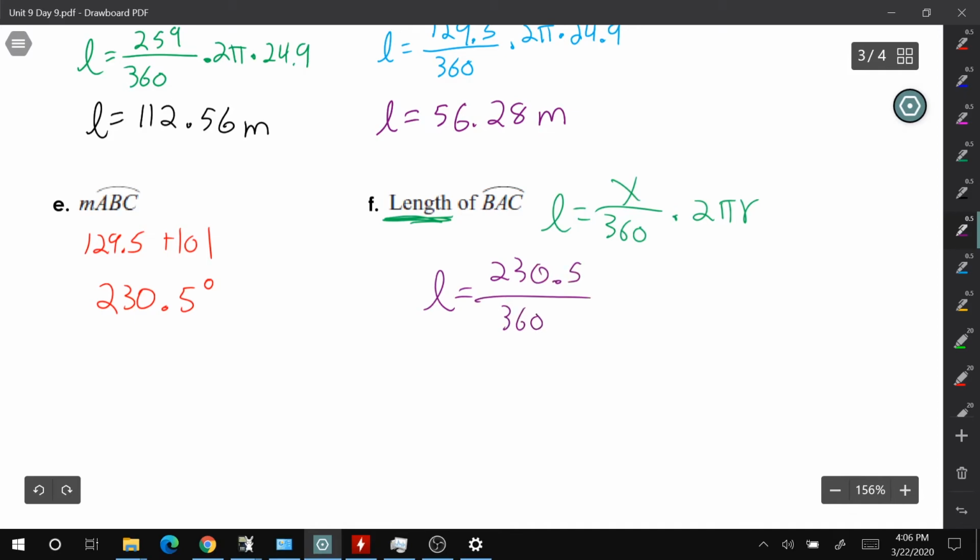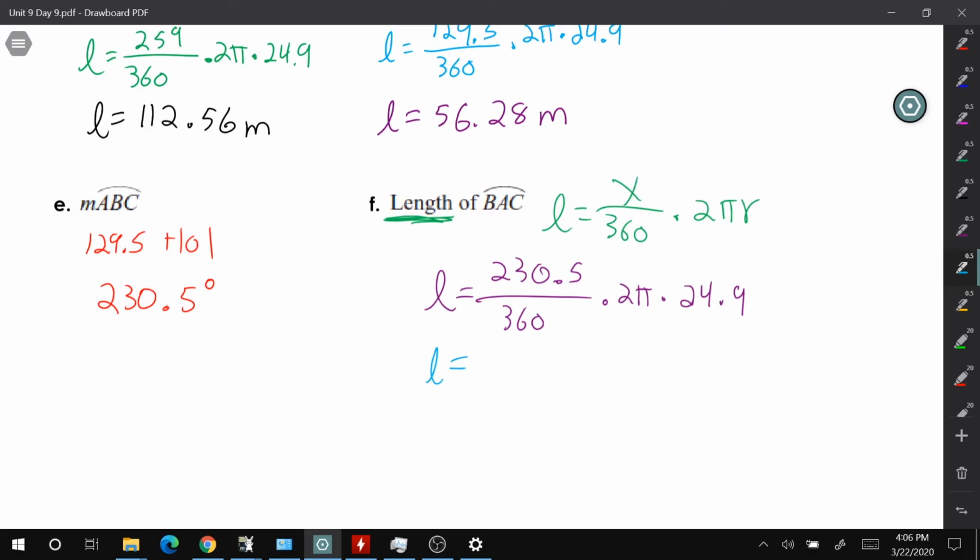So over 360 times 2 pi times the radius, which is 24.9. So again, we type all that into the calculator, and that will give us the arc length of that. So if we type that in, we get 100.17. And our units were meters.